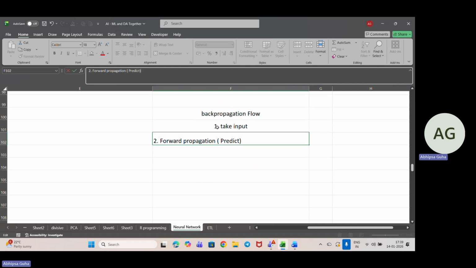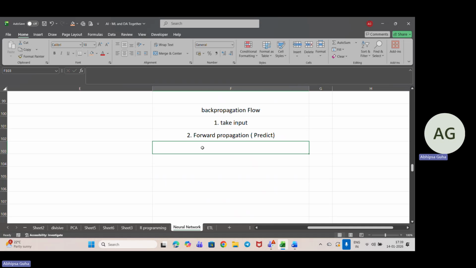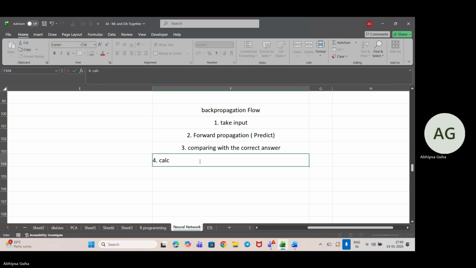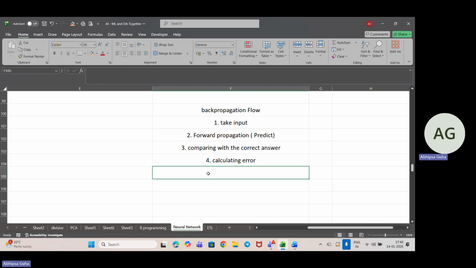Okay. Then we are just comparing with the correct answer. Then fourth, calculating the error. Fifth one is going backward.